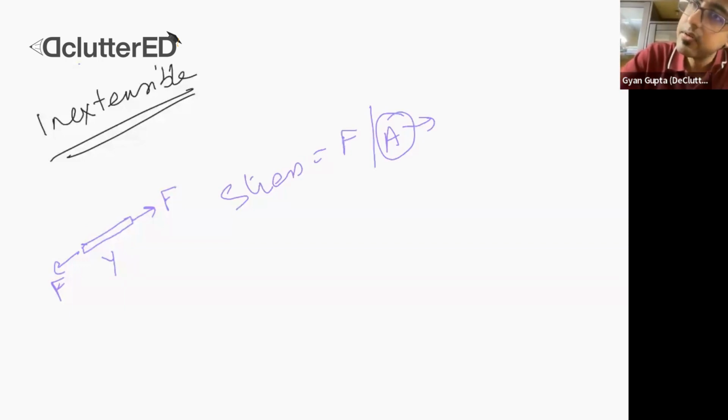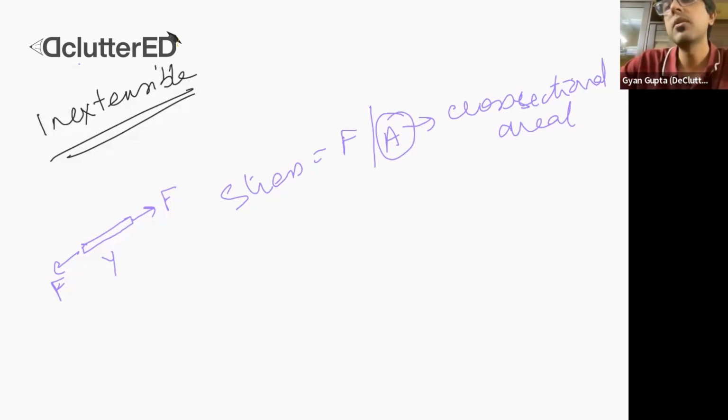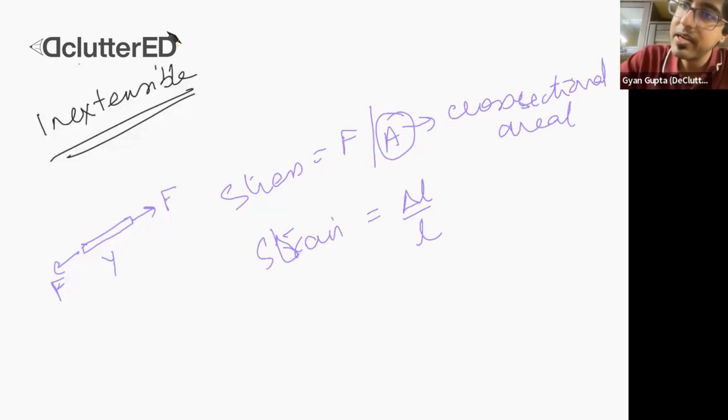And strain is given by delta L by L, where delta L is the elongation in the material. And Young's modulus is defined as the ratio of stress by strain.